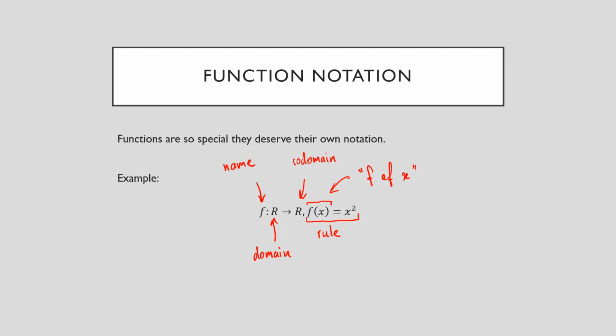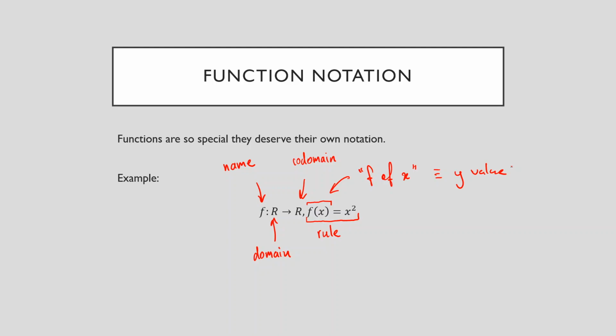We're going to see what this f of x means in the next slide or two. Basically, it's just the y value. If you were to draw a graph of this function, that f of x is just the y value, so it's equivalent to the y value. All right, and that's your function.